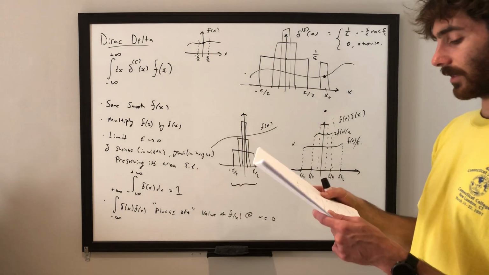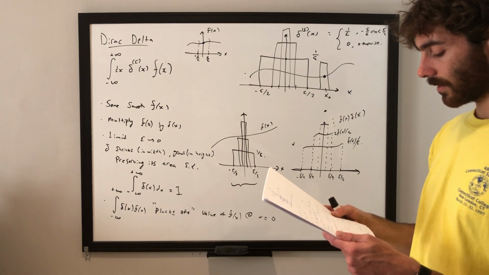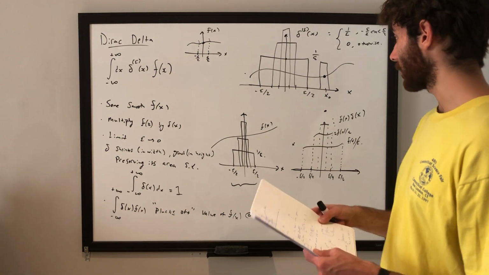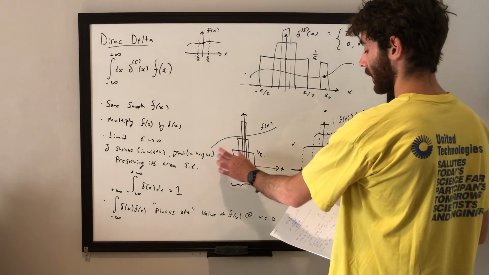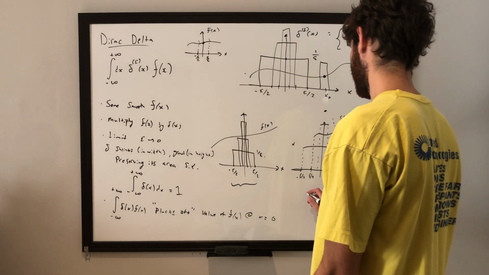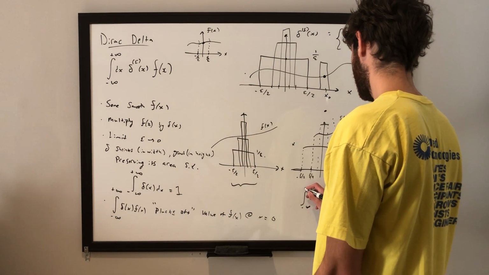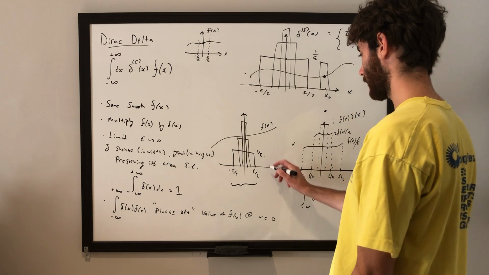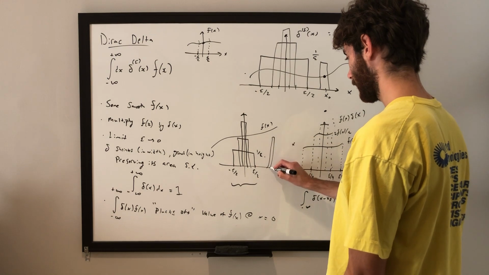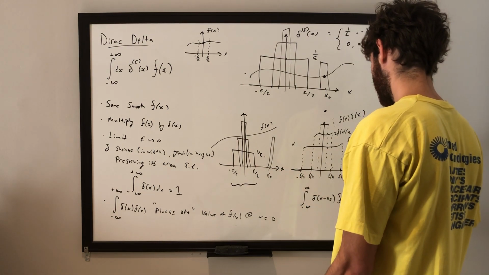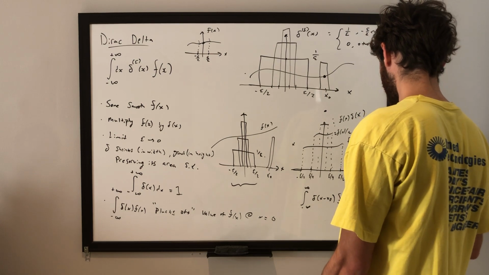But plus or minus infinity will work too. And as I mentioned before, we can move the spike around to pick off different values of x. So more generally, delta x minus x naught is a delta function centered here, say, if this is some x naught, times f of x gives f of x naught.